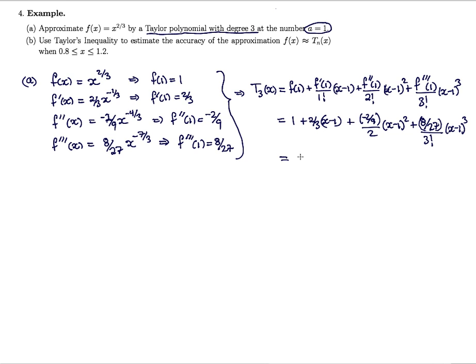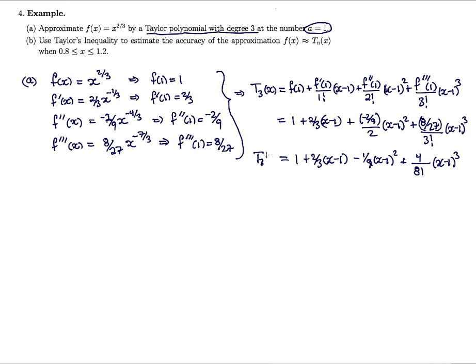Now, let's just write down what these are. This is 2/3 x minus 1. The next one, the 2's will cancel, so this becomes a negative 1/9 x minus 1 squared. That's a 6 factorial on the bottom. I can use a 2 to cancel with part of the 8 to leave us with a 4, and then the bottom would be just 3 times 27, which is 81, x minus 1 cubed.